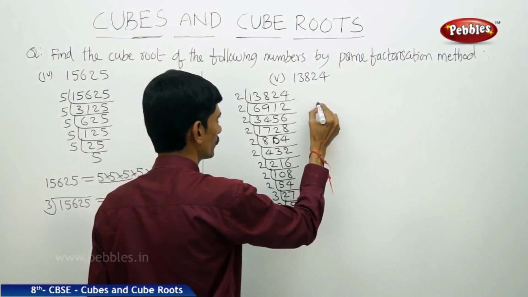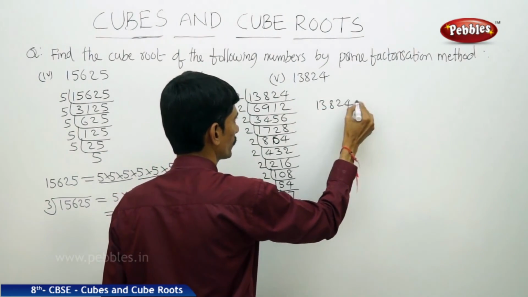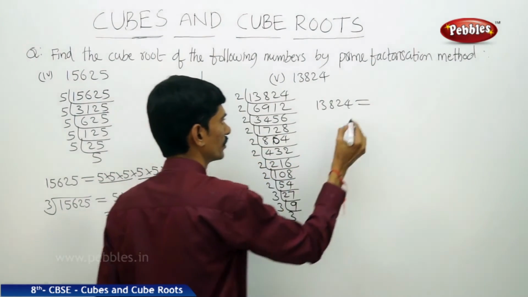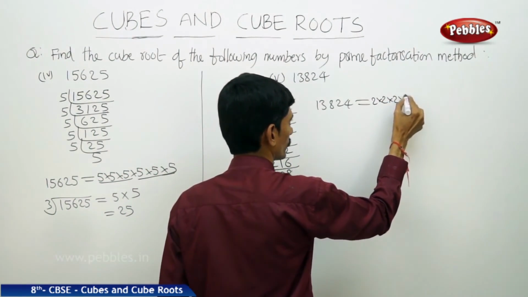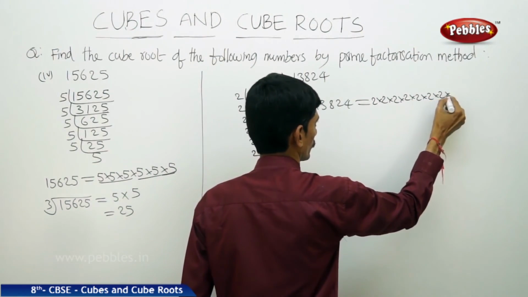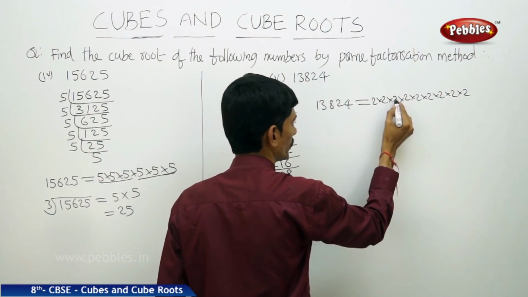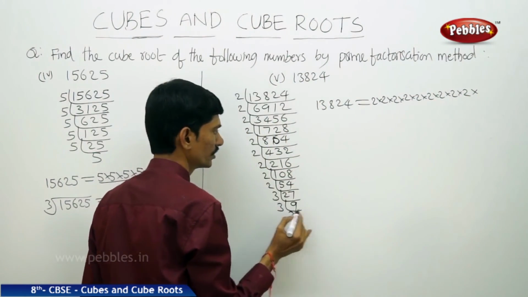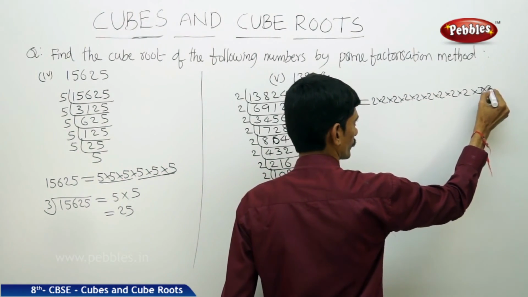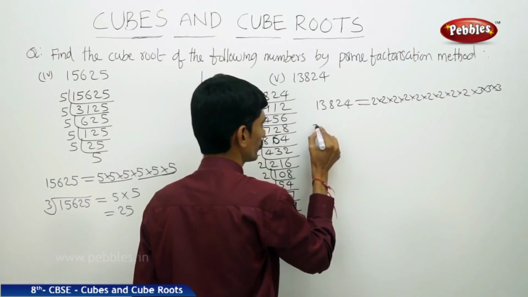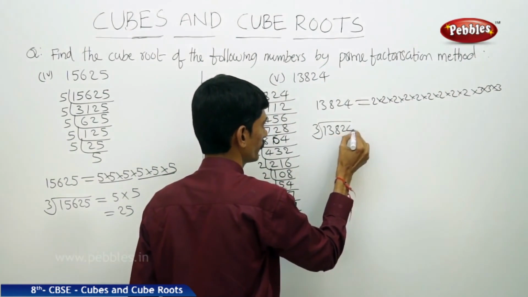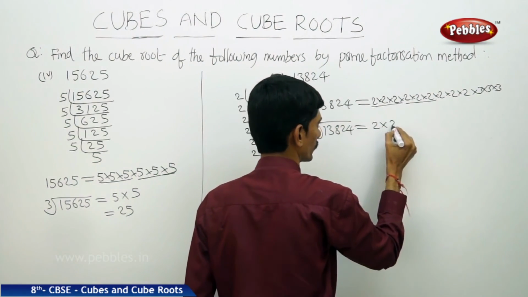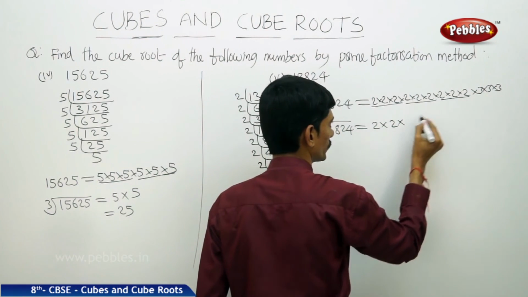Now we can write that 13,824 equals 2 into 2 into 2 into 2 into 2 into 2 into 2 into 2 into 2 into 3 into 3 into 3. Now the cube root of 13,824 equals, for these 3 twos we can take one 2, again for these 3 twos one 2, and again one 2.